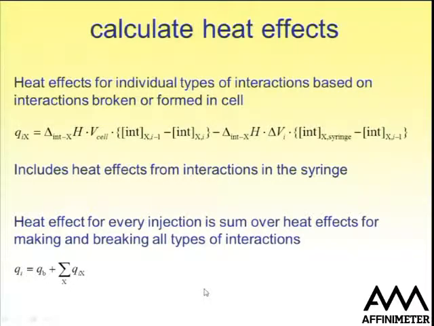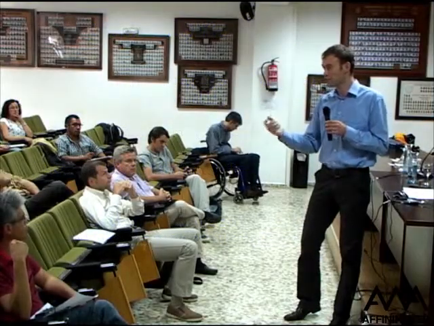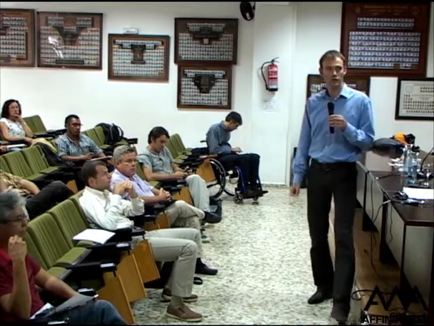So once we have the concentration of the different species, we can calculate the heat effects. The heat effect for every injection I, for some kind of complex or aggregate X, or binding site or aggregate X, is essentially related, again, this is an incremental technique, to the amount of those interactions that occur or that were formed as a result of the injection of your ligand.